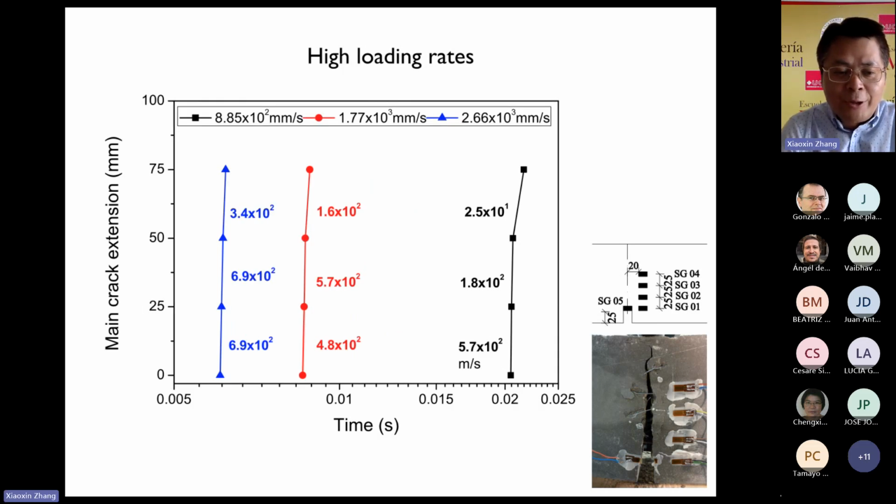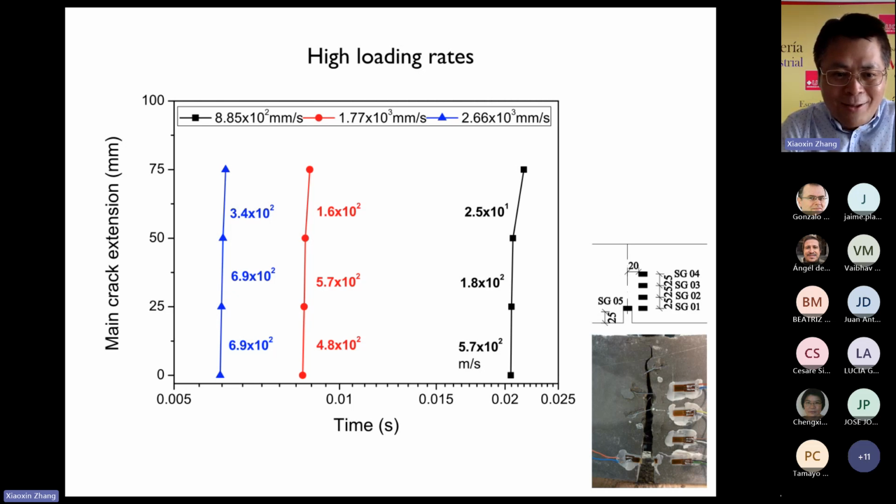It is similar at the high loading rates, under impact loading conditions. We use the same method to get the different velocities, for example 0.885 meters per second. I say meters per second because millimeters per second has too many letters. Here it goes from 570 meters per second, decreasing to 180 meters per second, and also 250 meters per second.